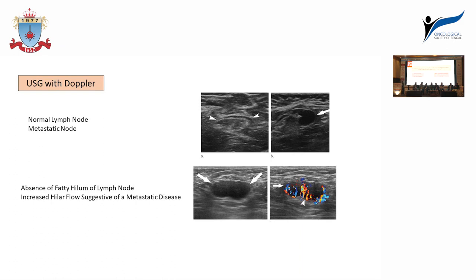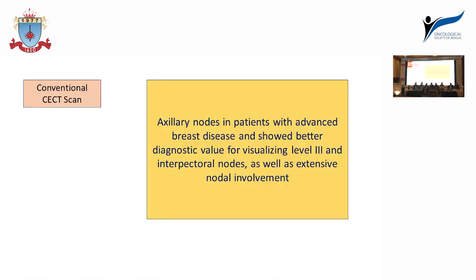But this has not been category 1 in NCCN, it's still category 2B. So till now, high resolution ultrasound with Doppler as well as mammography are the most preferable to diagnose the axillary nodal status.